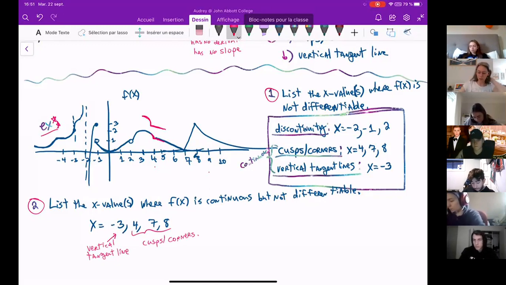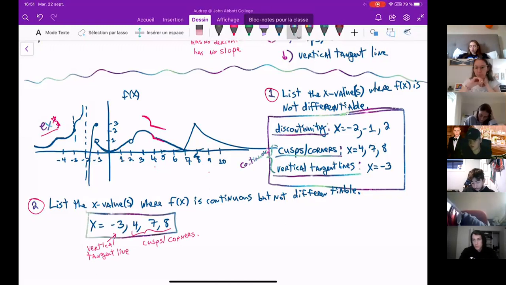Okay, are there any questions about these two questions that we've asked about the graph? Okay, so then the next question is, what other things can I know about a derivative just by looking at a graph?